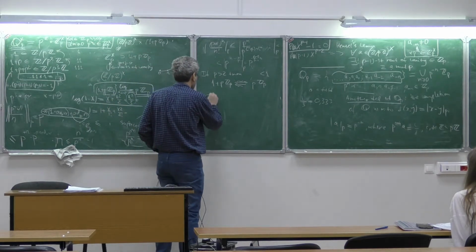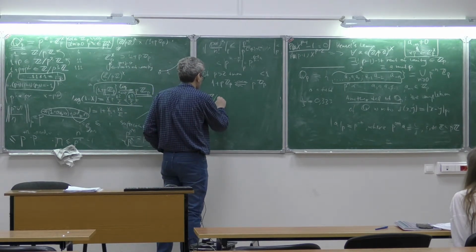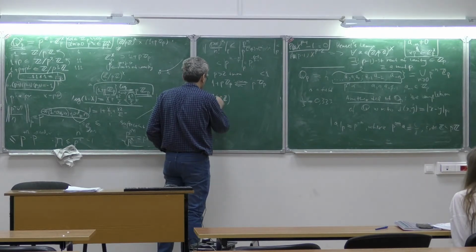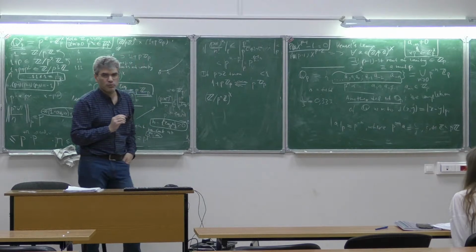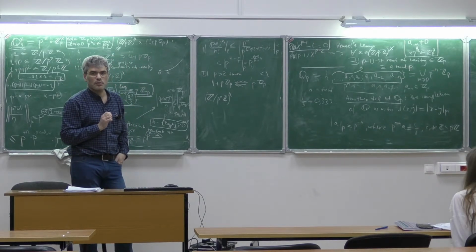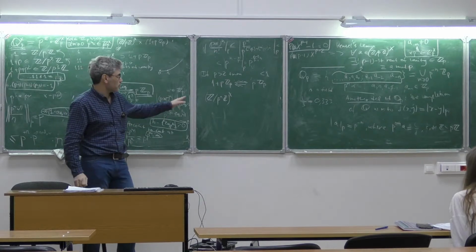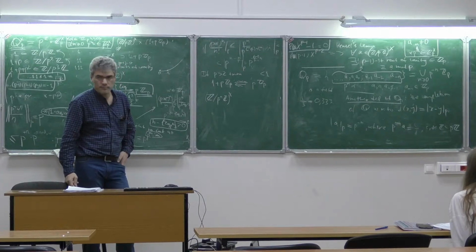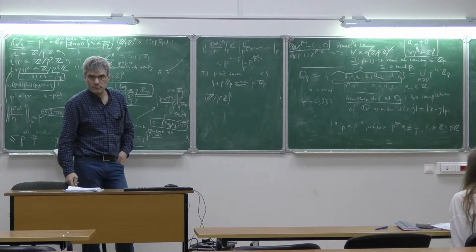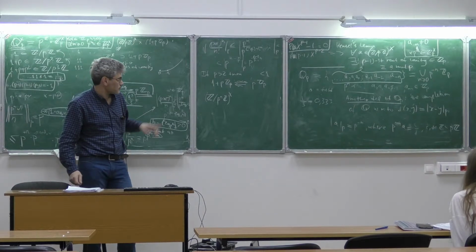Do you know what is the structure of residues modulo p to the n? How does this group look like? Something like p to the n minus 1 by p minus 1.